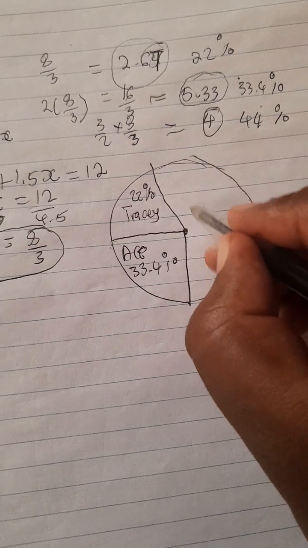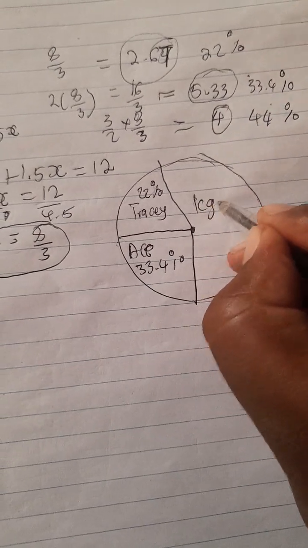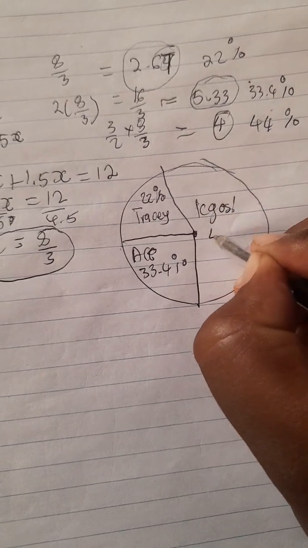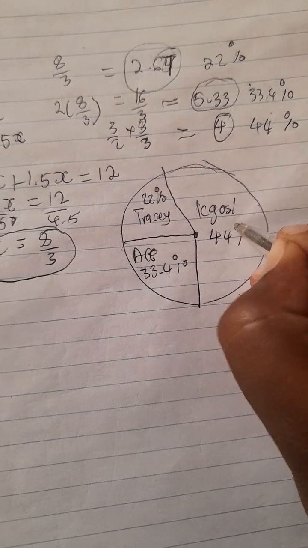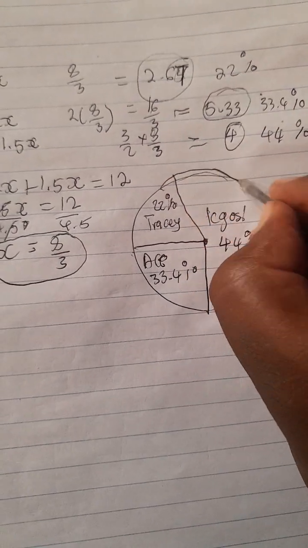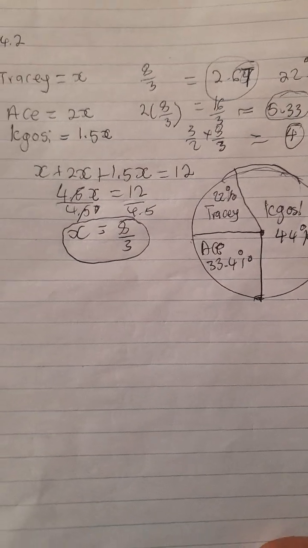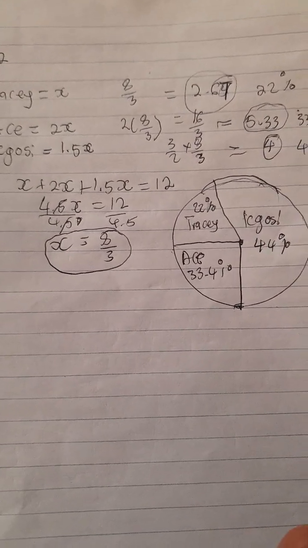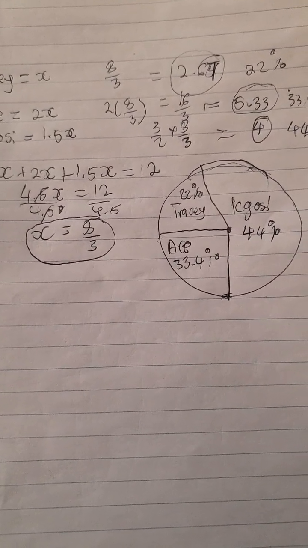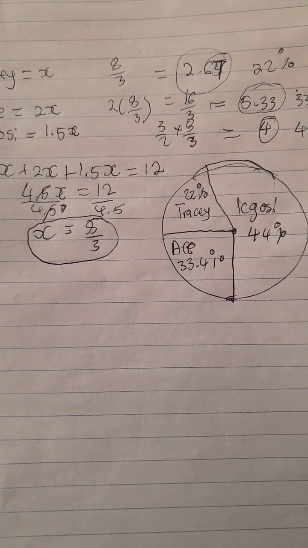So as for Khosi, that will be 44%. So when you use your protractors, you have your equipment to draw this, right? So this is how it should be, guys, with 2.4.1 and 2.4.2. Hope you benefit a lot there, right?